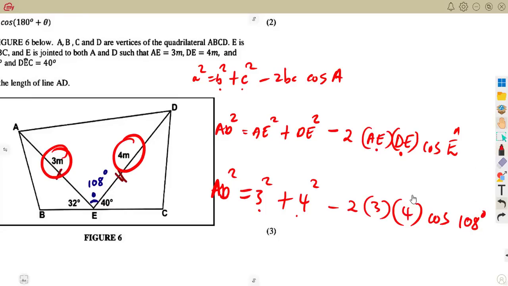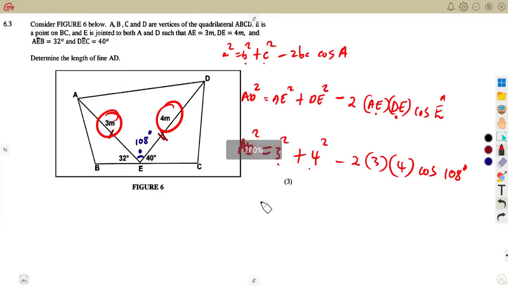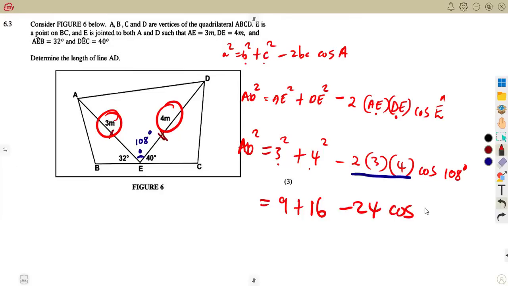All right, just try to simplify, guys, stage by stage on this part. 3 squared is 9. 4 squared is 16. You multiply these numbers here, only these numbers: minus 2 times 3 times 4, which is going to be 24, negative 24. So that's negative 24 cos 108.